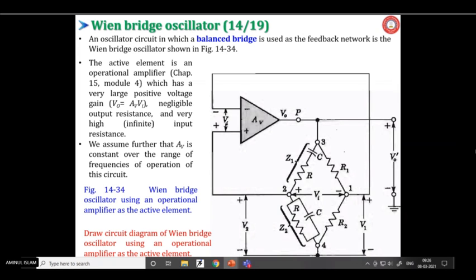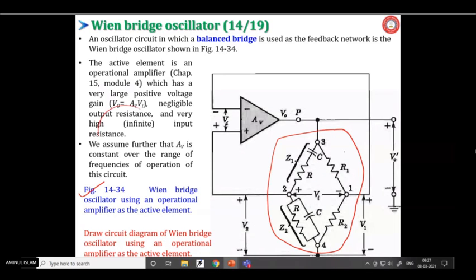The circuit diagram shown here is given in your book. So whatever we are discussing is the same thing. This is nothing but the same Wien bridge network. Is it understandable? Just the orientation has been changed.